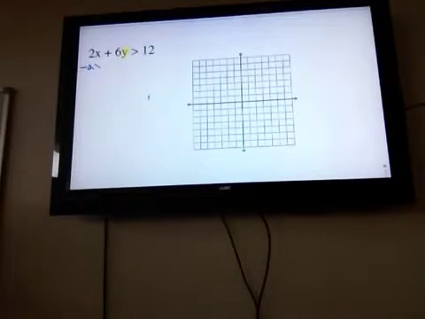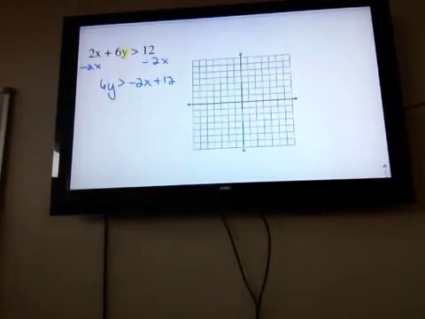It's a positive 2x. That's why I'm subtracting the 2x. You can write this, as we did before, as either negative 2x plus 12 or 12 minus 2x. That's your choice. I like the x first. And then I'm going to divide by 6.